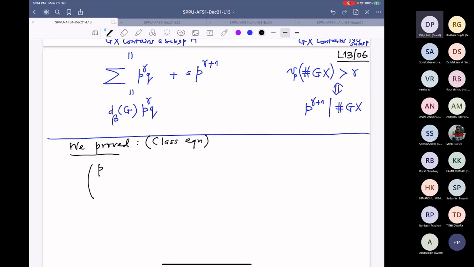The left side is p power alpha q choose p power beta. The right side is d beta G p power gamma q plus some number s times p power gamma plus 1.